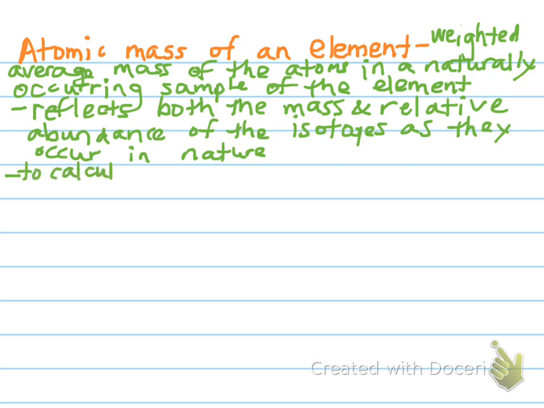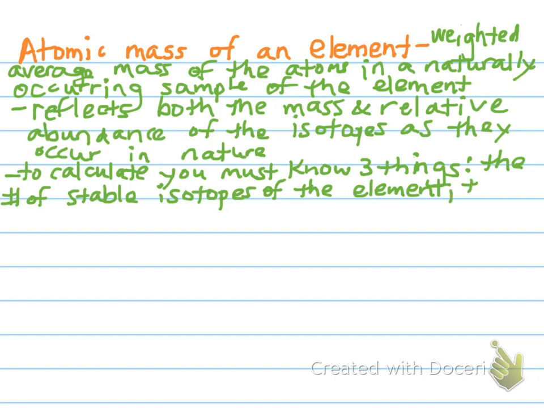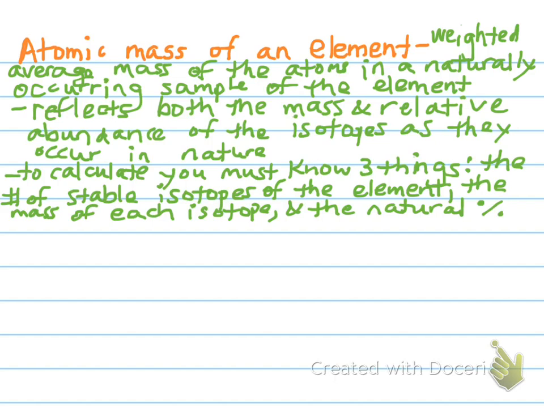So, to calculate, you must know three things: the number of stable isotopes of the element, the mass of each isotope, and the natural percent abundance of each isotope.